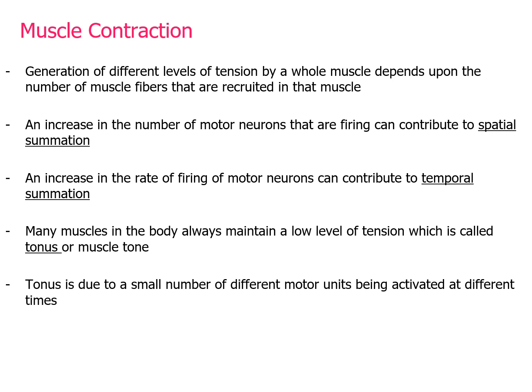By increasing the number of motor neurons, you're causing spatial summation. They're all acting within the particular muscle, and they're acting at the same time, but you're recruiting more motor neurons and therefore more motor units.